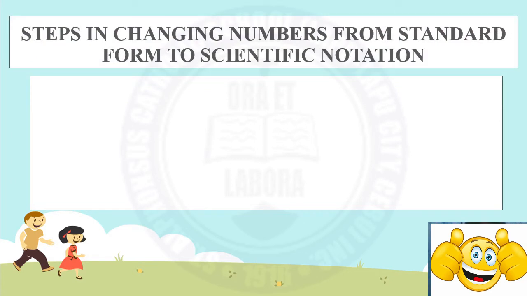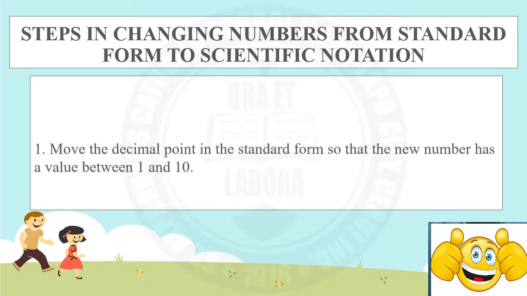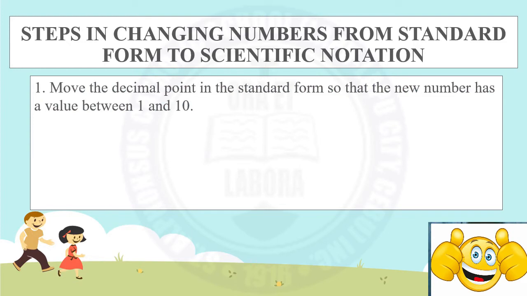There are steps on how to change numbers from standard form to scientific notation. Step 1. Move the decimal point in the standard form so that the new number has a value between 1 and 10. Step 2. Write the second factor as a power of 10.